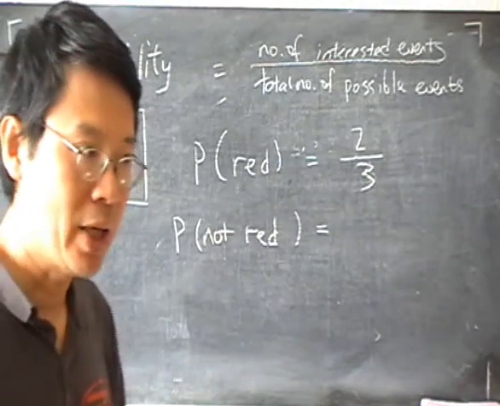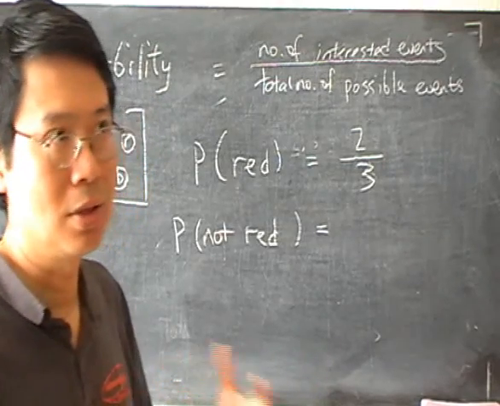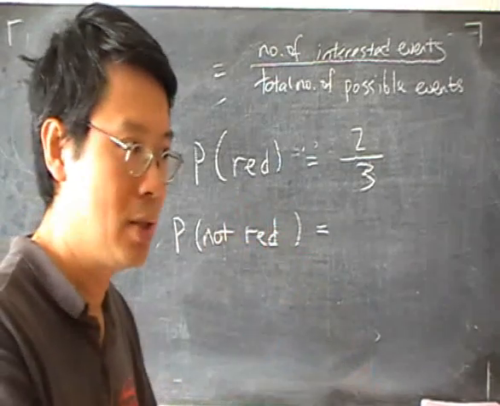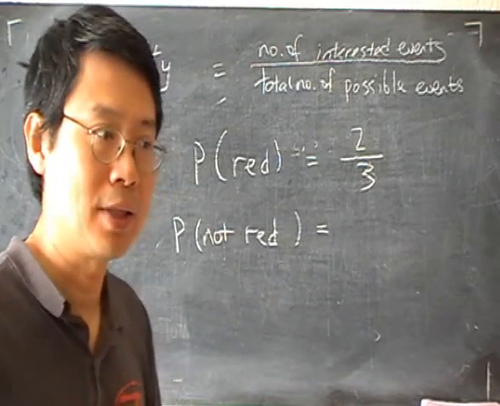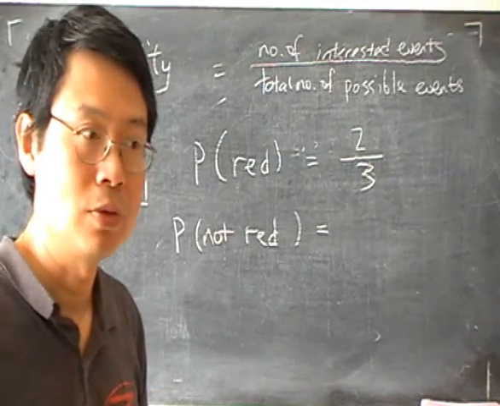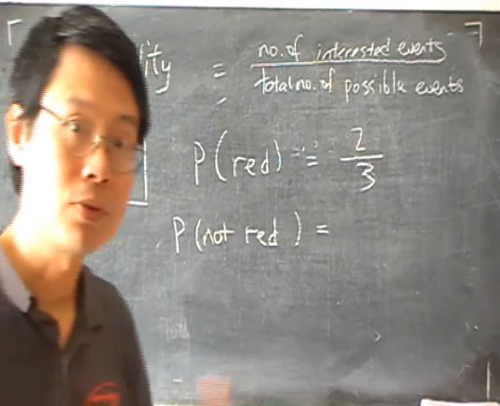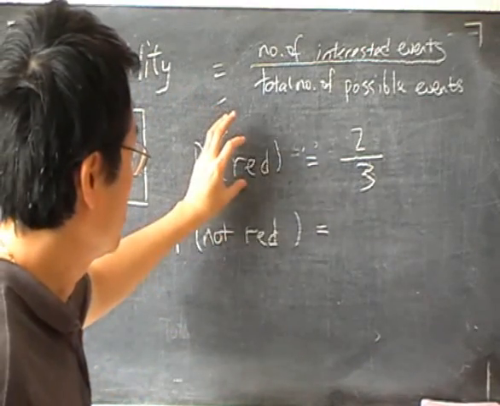So success and failure really just means one case or not that case. Alright, that something happens or something does not happen. So that's another way of thinking about success and failure.